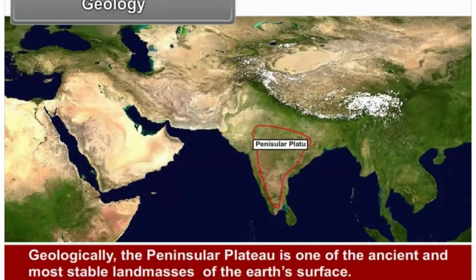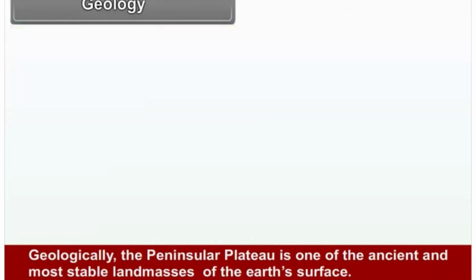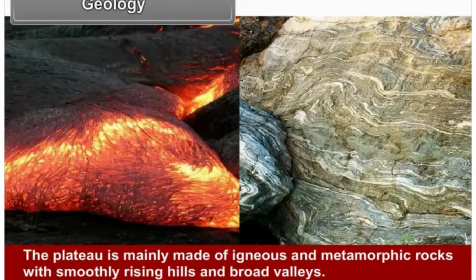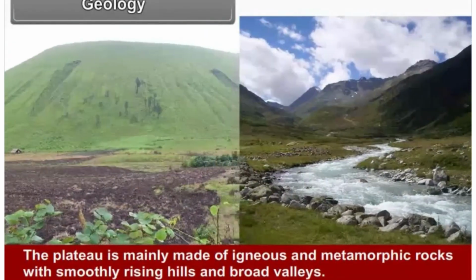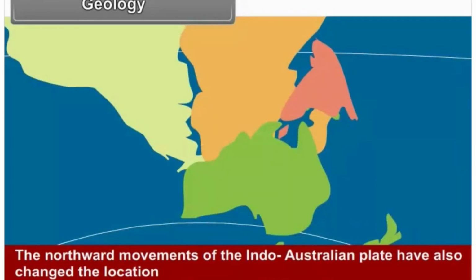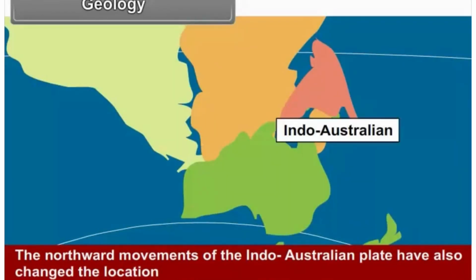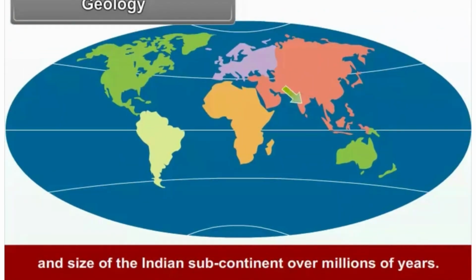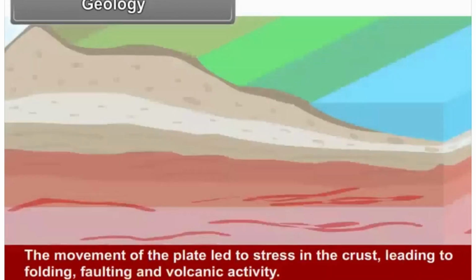Geologically, the peninsular plateau is one of the ancient and most stable landmasses of the Earth's surface. The plateau is mainly made of igneous and metamorphic rocks with smoothly rising hills and broad valleys. The northward movement of the Indo-Australian plate has also changed the location and size of the Indian subcontinent over millions of years.